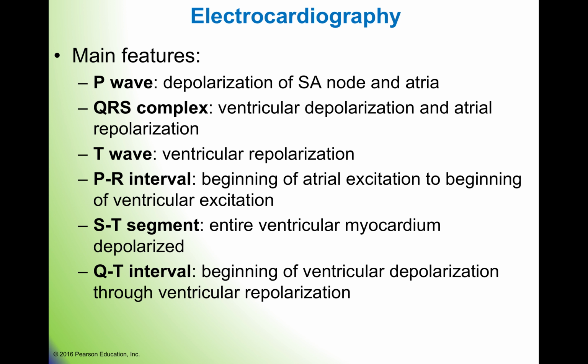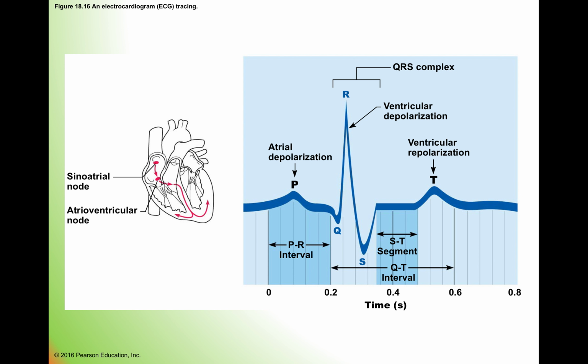A normal ECG has three main key components. It has a structure referred to as the P wave. You have this very pronounced structure known as the QRS complex, and then the last one, the bump, is called the T wave.